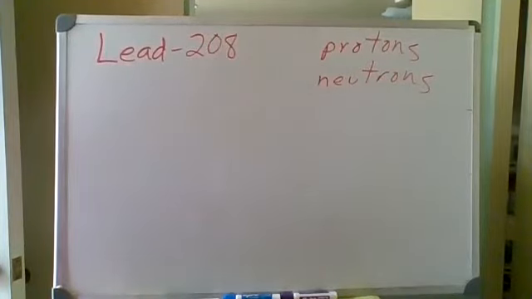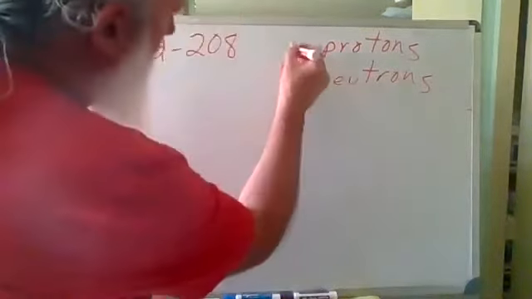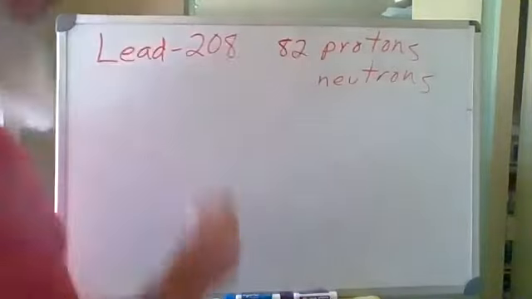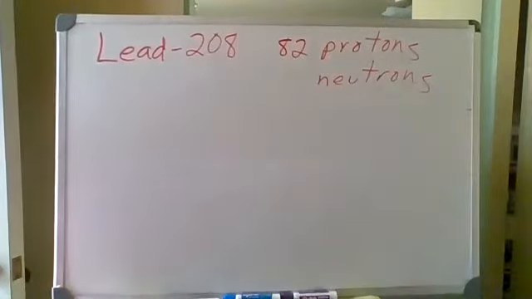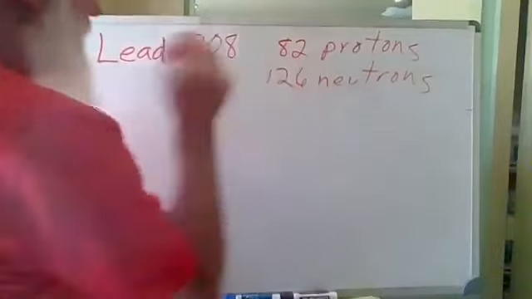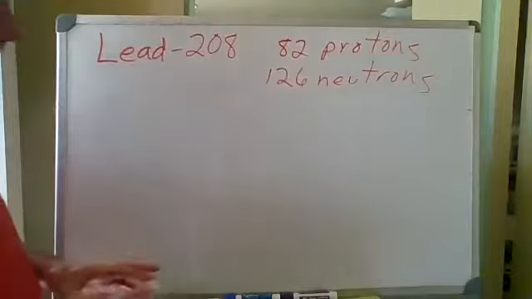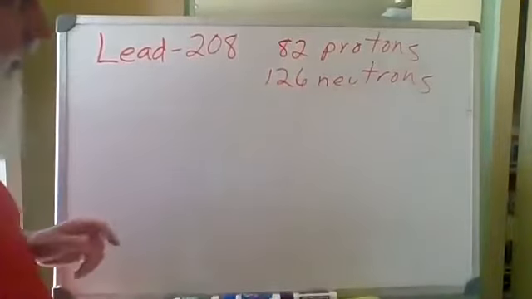It's in the P block. 82. And how many neutrons? 126. 126 is correct. All right, now let's do one more the other way.